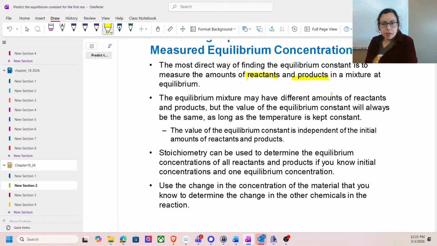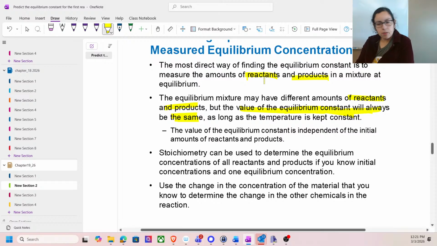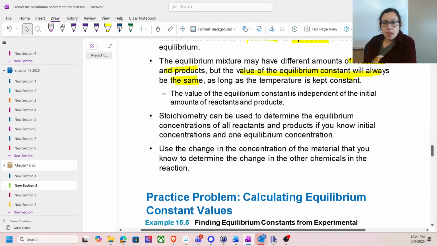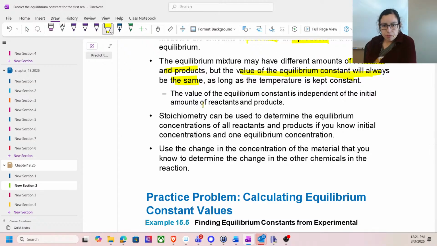Our equilibrium mixture may have different amounts of reactants and products, but the value of our equilibrium constant will always be the same, as long as we're at the same temperature. That's super important. The value of our equilibrium constant is independent of the initial amounts of reactants and products.